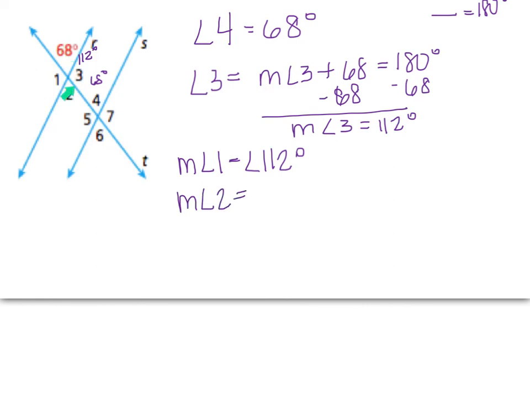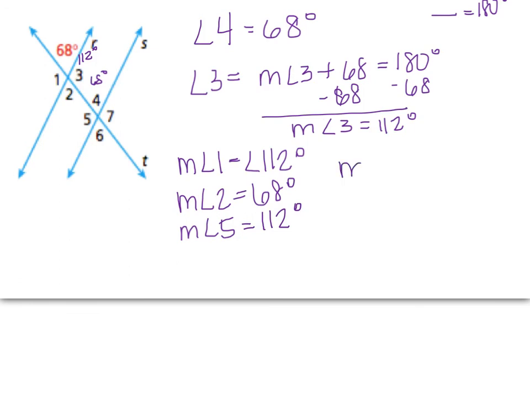Remember, think of vertical angles. You should have found this to be 68 degrees. Now if we look at that bottom one, remember they correspond to this top one, so they should be exactly the same. So the measure of angle 5 corresponds to the measure of angle 1. And we said measure of angle 1 was 112 degrees, so they're exactly the same.